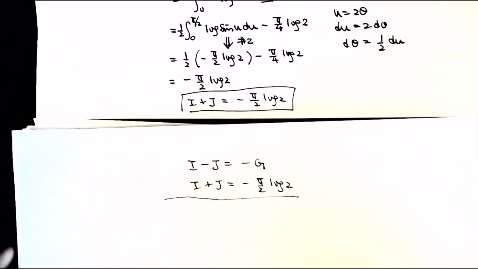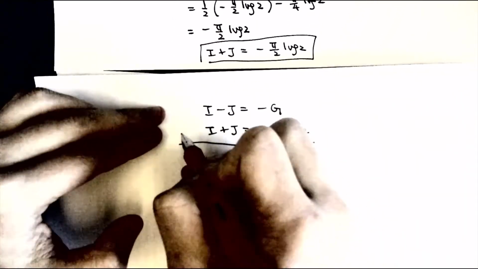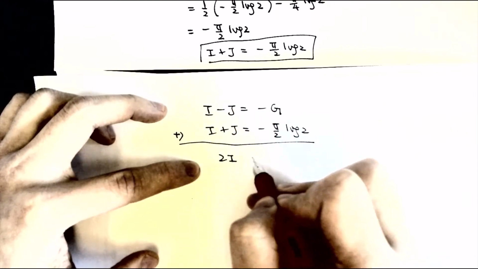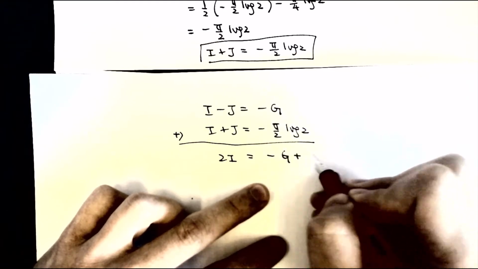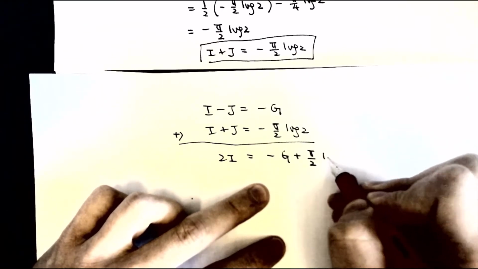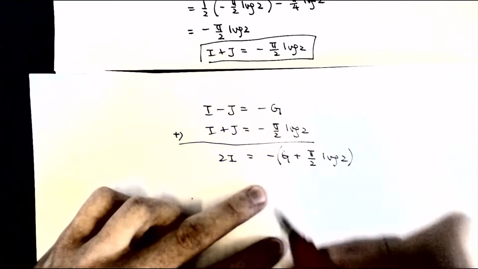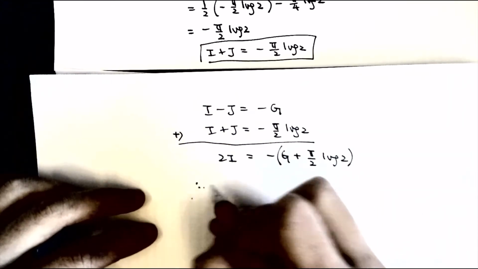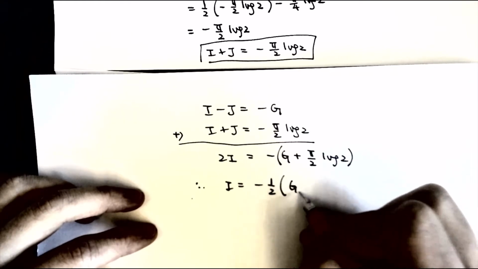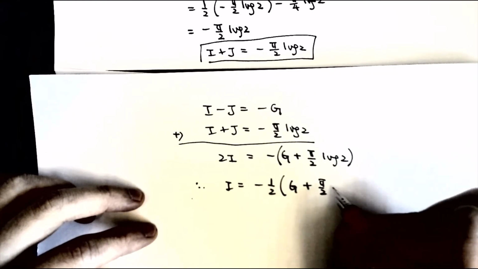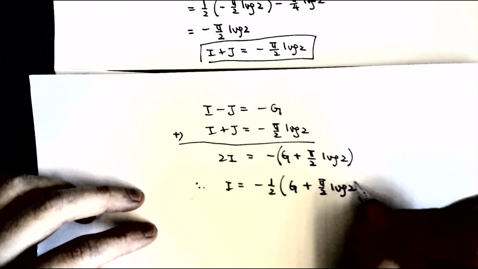We add them together and we get 2I, which is minus G minus pi over 2 log 2. So I will be minus 1/2 G minus pi over 4 log 2.